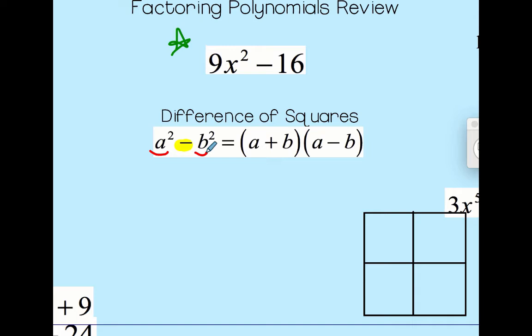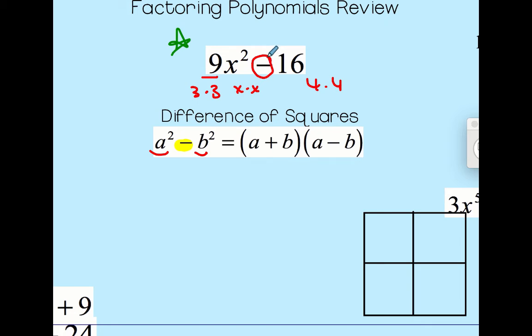So let's look at this one and see why it fits a difference of squares. Well, 9 is 3 times 3, and x squared, of course, is x times x. 16 is 4 times 4, and in between them, I see a minus sign, so it meets the criteria for difference of squares.